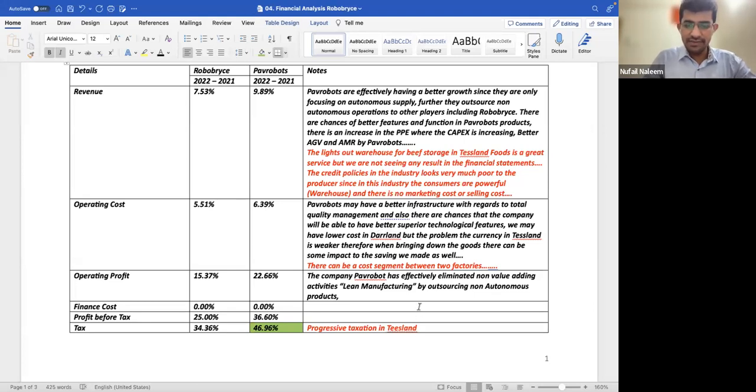For instance, new features such as smart AGV and smart AMR. That means using a mobile phone, you can control these things. No need for specialized knowledge also.